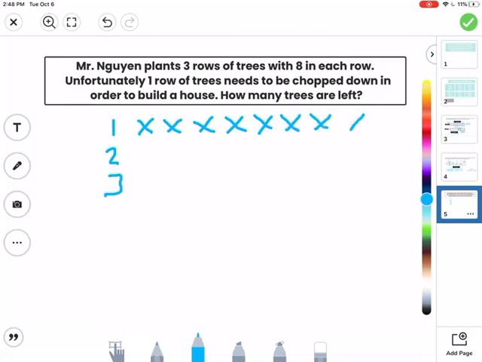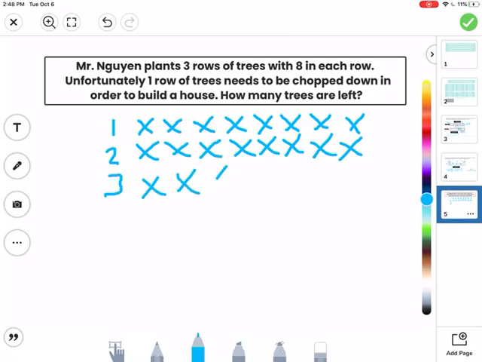6, 7, 8. We have 3 rows with 8 in them. Lots of trees. All right. 3 rows with 8 in each row.